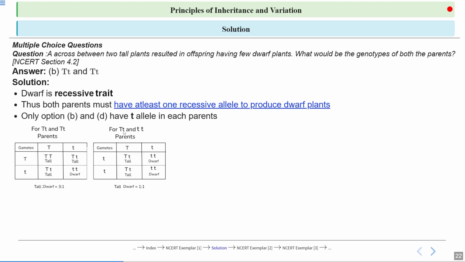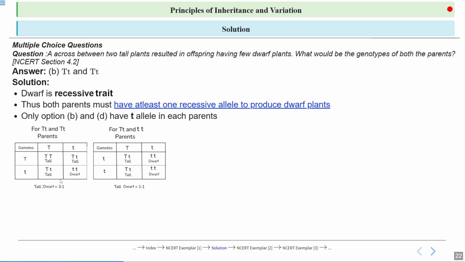Now, next one. In this case, for capital T small t and small t small t, here you are getting 2 dwarfed and 2 tall. Although the ratio is 1:1, here you're getting 2 dwarfed and 2 tall. So the answer will be option number B, capital T small t and capital T small t.